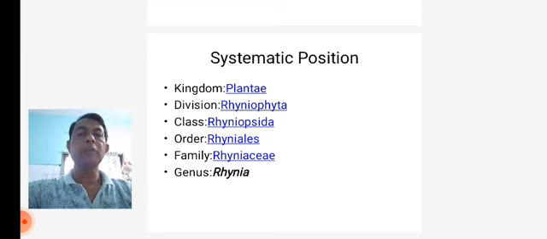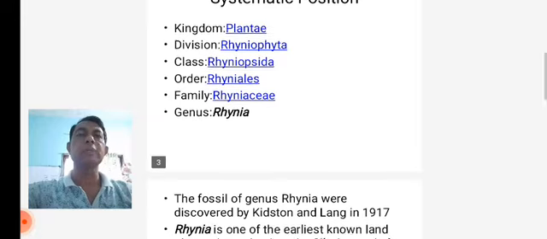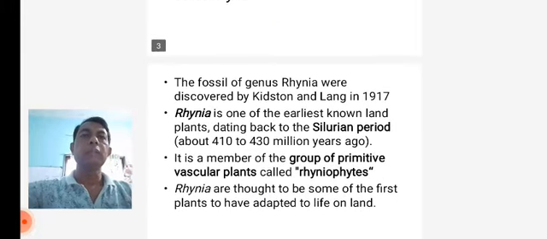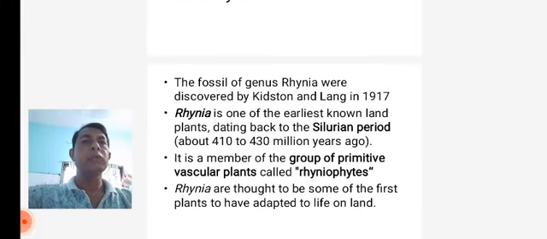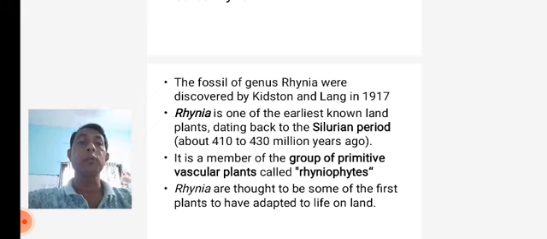Now, it has a fossil structure. Rhynia was discovered as a fossil. The fossils of genus Rhynia were discovered by Kidston and Lang in 1917. Rhynia is one of the earliest known land plants, dating back to the Silurian period, about 410 to 430 million years ago.